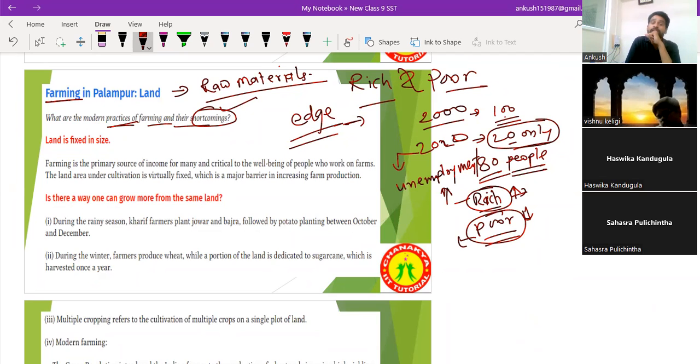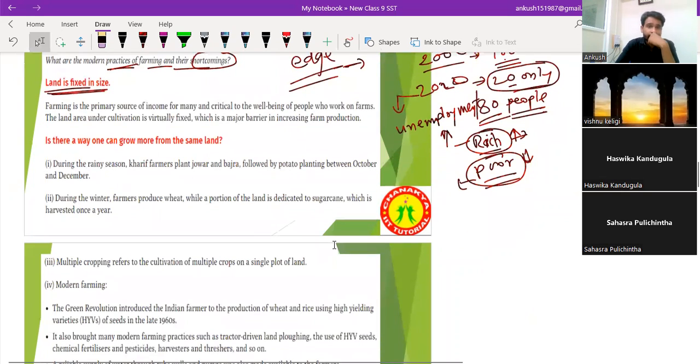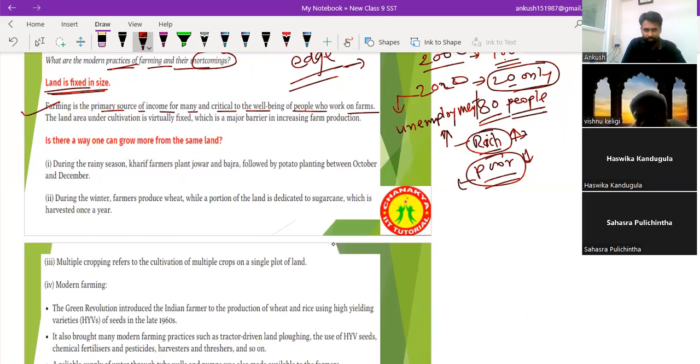Now land is fixed in size. Where? In the village of Palampur. Farming is the primary source of income for many and critical to the well-being of people who work on farms. The land area under cultivation is virtually fixed, which is a major barrier in increasing farm production. Suppose there are only 5 acres of land and we need only 4 people to work on that.